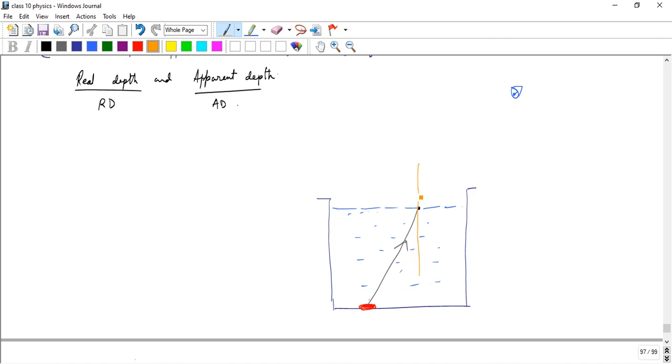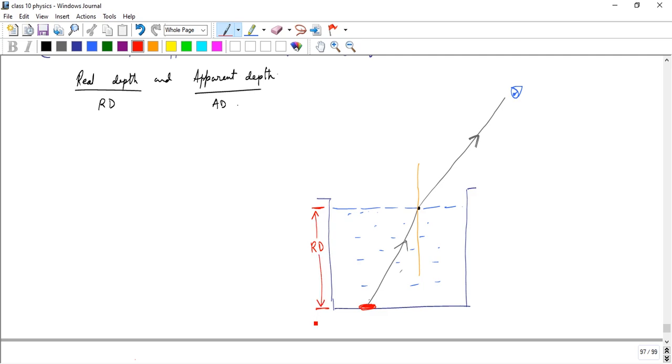If light travels from denser to rarer medium, we know that the refracted ray bends away from the normal. So that depth, the original depth of the coin, is the real depth, RD.